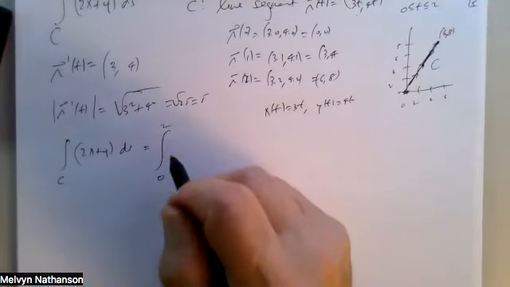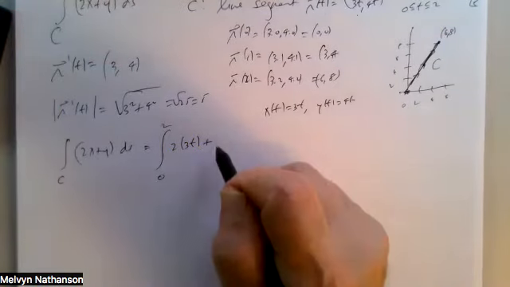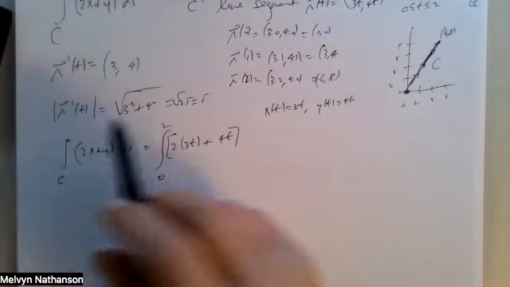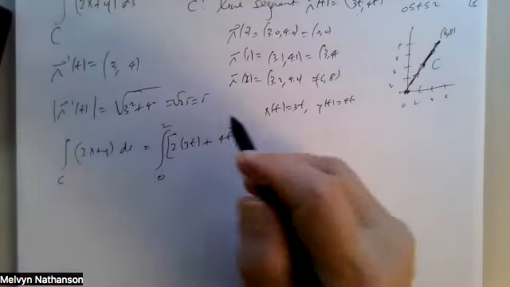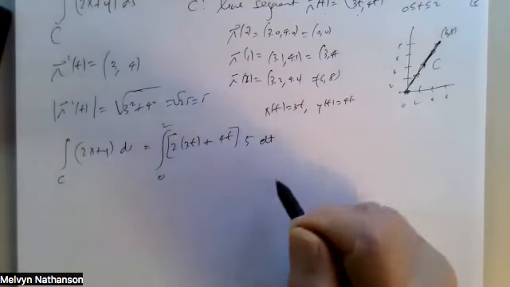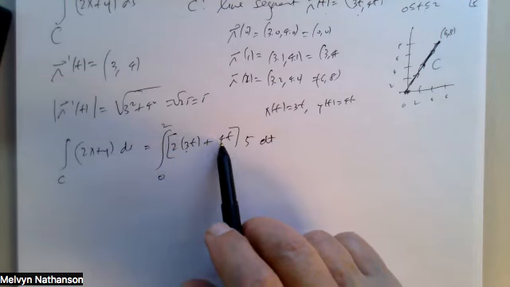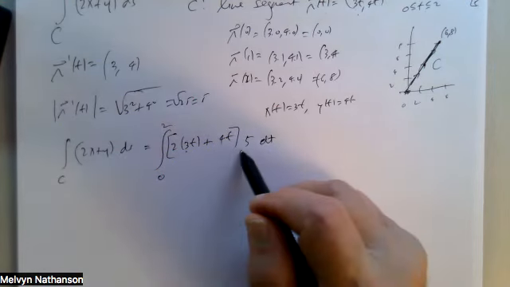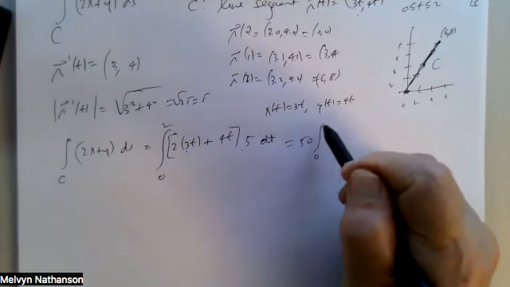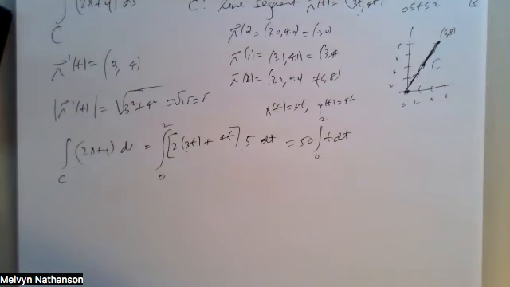So 2x plus y is 2 times 3t plus 4t, times the absolute value of r prime of t, 5, dt. This is 6 plus 4, which is 10, times 5. That's 50 times the integral from 0 to 2 of t dt.